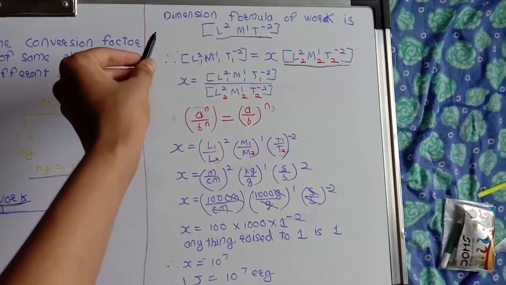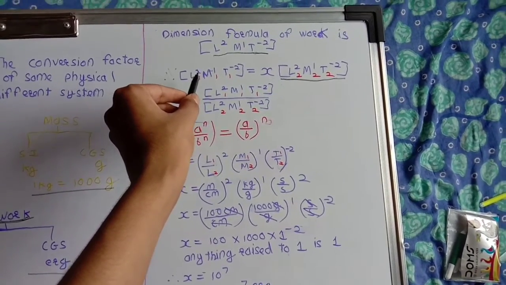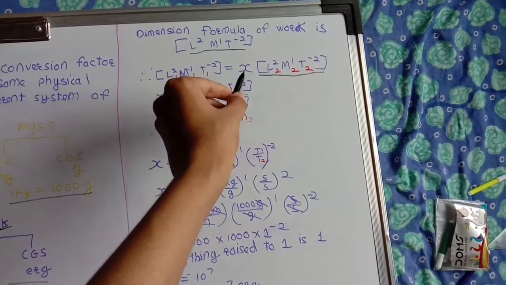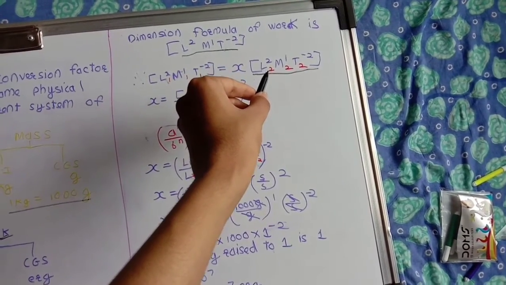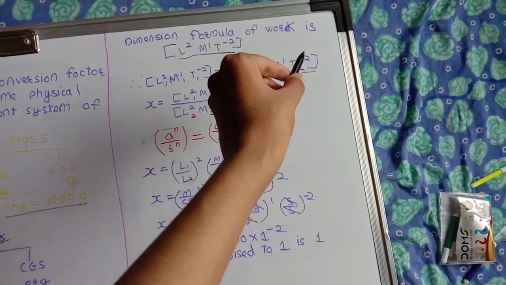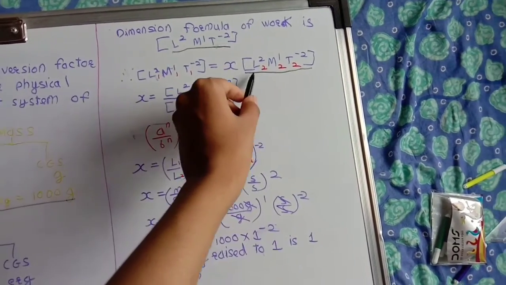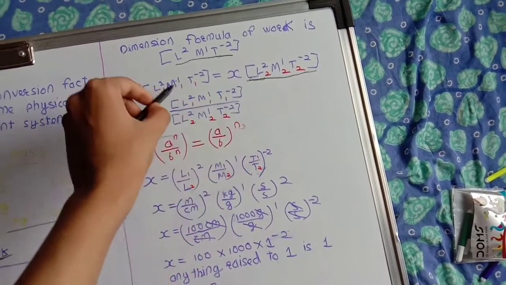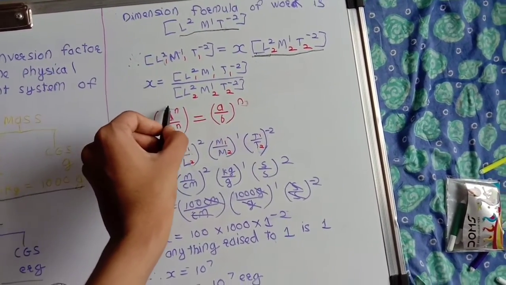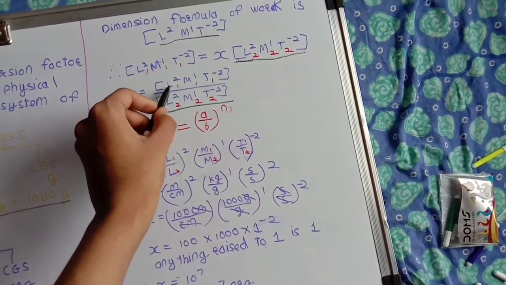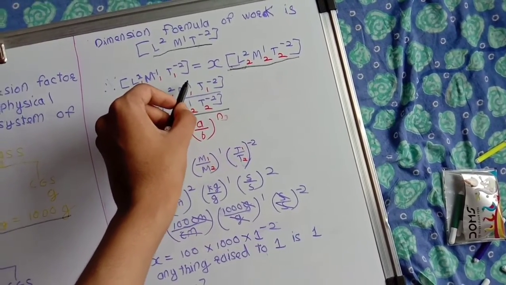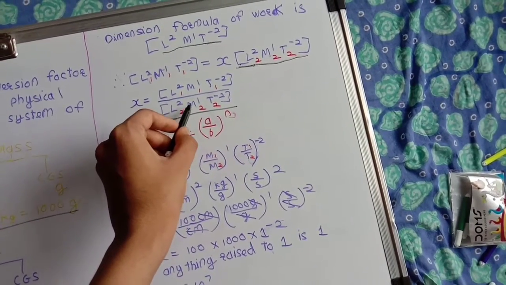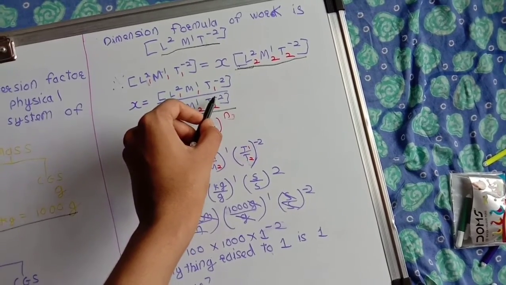Therefore L1 raised to 2, M1 raised to 1, T1 raised to minus 2 is equal to x, L2 raised to 2, M2 raised to 1, T2 raised to minus 2. Then we have to take this to the left hand side, and we will get x is equal to L1 raised to 2 M1 raised to 1 T1 raised to minus 2 upon L2 raised to 2 M2 raised to 1 T2 raised to minus 2.